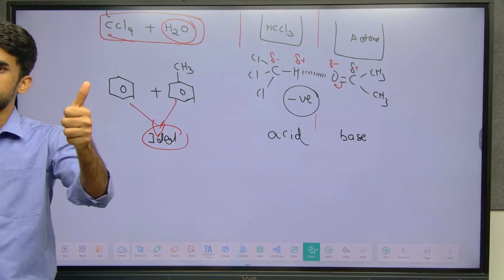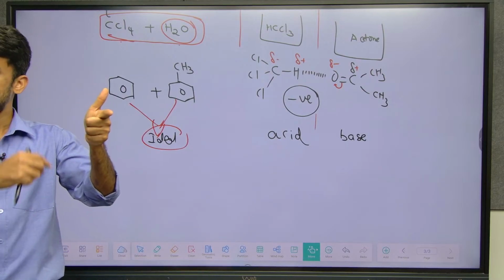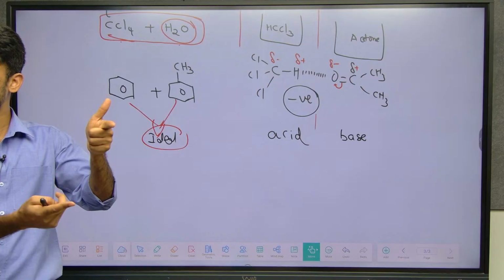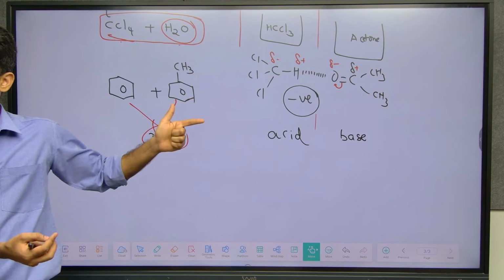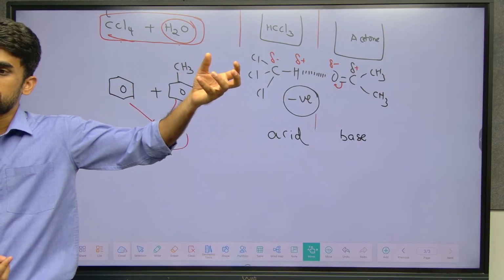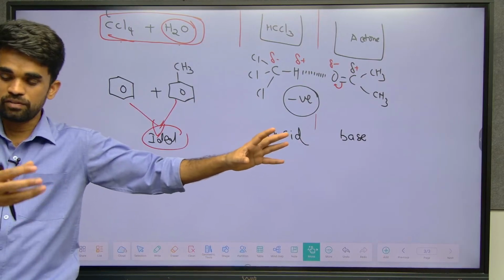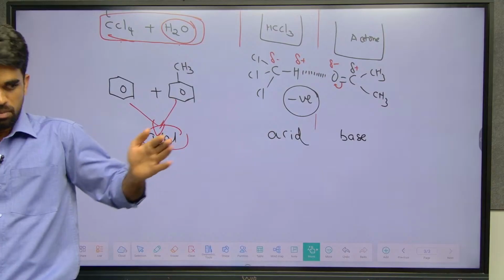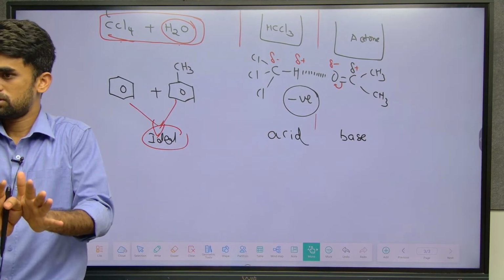Ideal solutions, non-ideal. In non-ideal, two things: positive deviation, negative deviation. How can you identify positive deviation? After mixing, if intermolecular forces are lesser, then it is positive. After mixing, if intermolecular forces are more, molecules come close to each other, so it's a negative deviation.